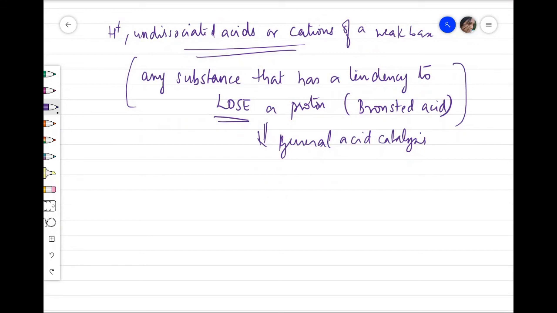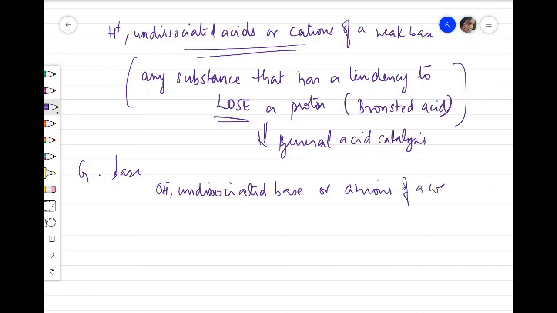Then the fifth type is general base. How do I define this? It will be reactions which are catalyzed by OH negative, undissociated base, or anions of a weak acid.